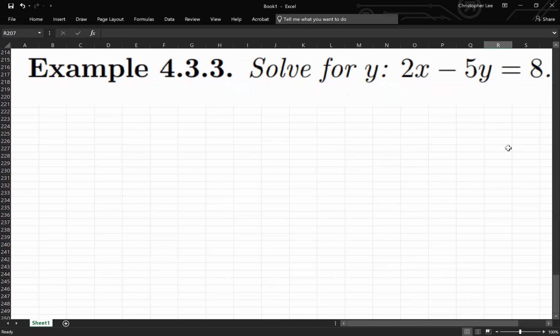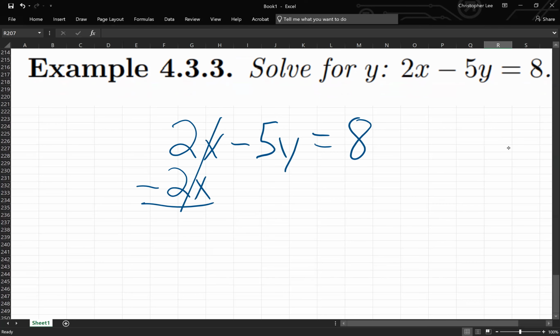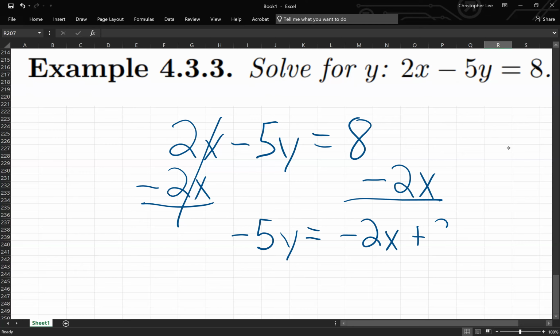x minus 5y equals 8, to x minus y equals 5. So subtract 2x, and while we're doing one equation, we have to do it in the other. Very good. Then we have to divide by y, equal to negative 2x plus 8.